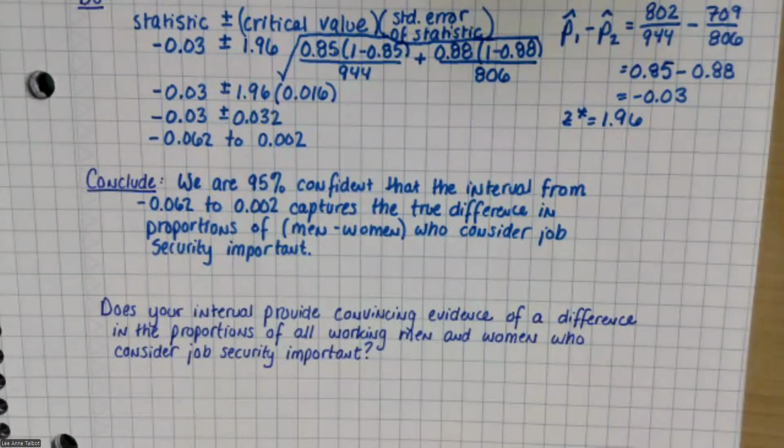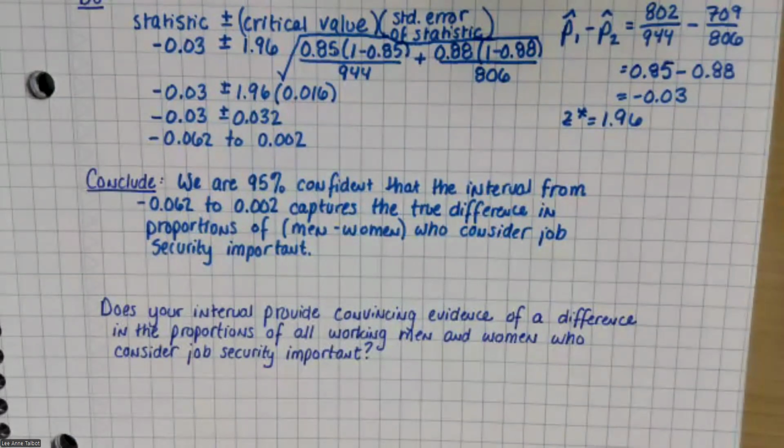What this means is the majority of my range is negative. Can you picture that on a number line? Most of it is negative. If you come over to p1 minus p2, that means in general p2 is a bigger number, because if you subtract and get a negative, the second thing was bigger.